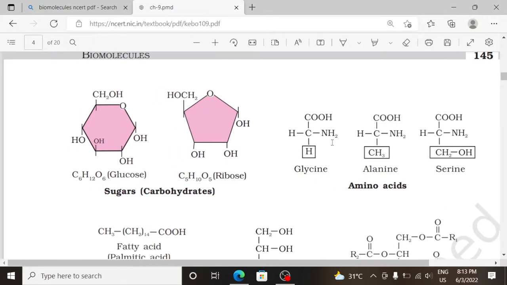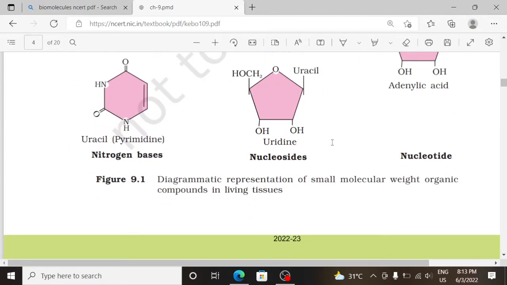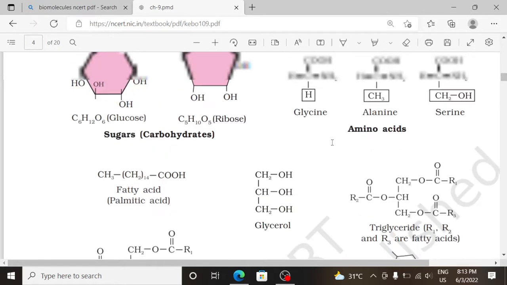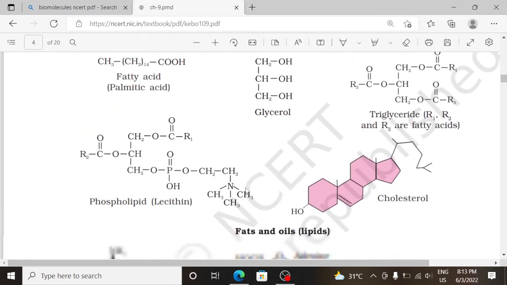Here you can see the diagrammatic representation of small molecular weight organic compounds in living tissues. This is a structure of sugars, carbohydrates: glucose and ribose. This is amino acids: glycine, alanine, serine.